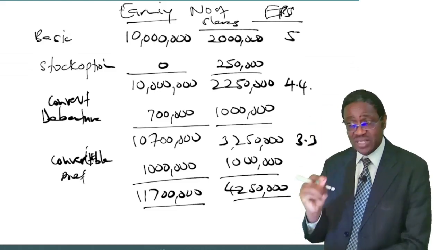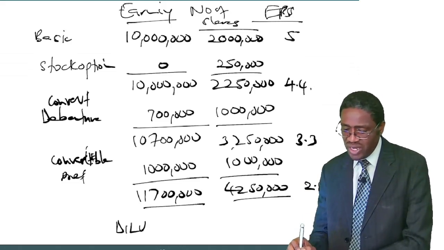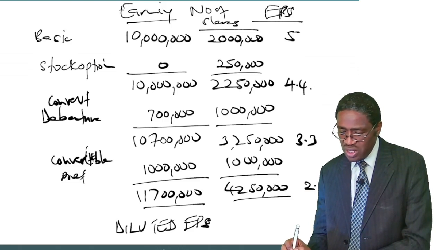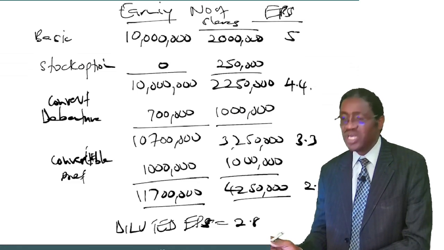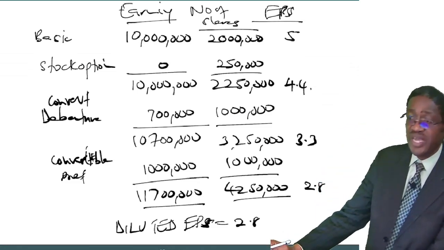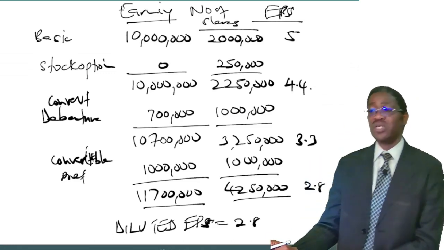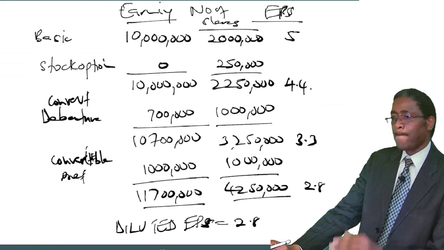So in our case, our company will disclose our diluted EPS to be 2.8. You pick the lowest of all of them to become your diluted EPS, okay?